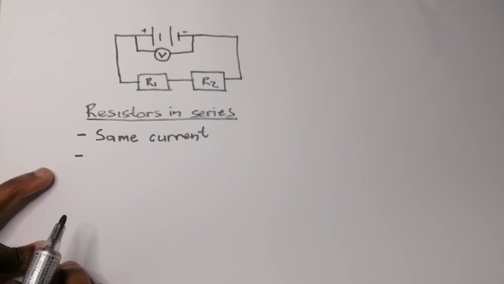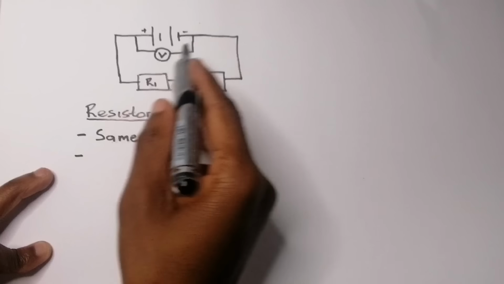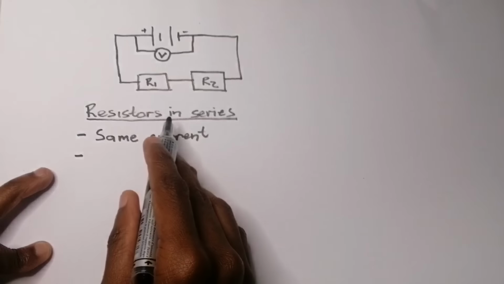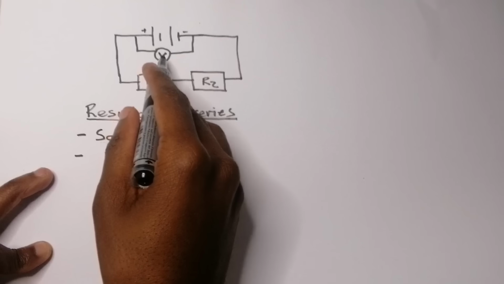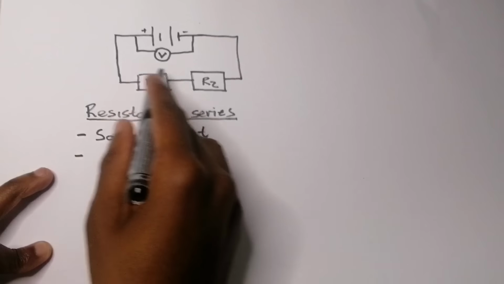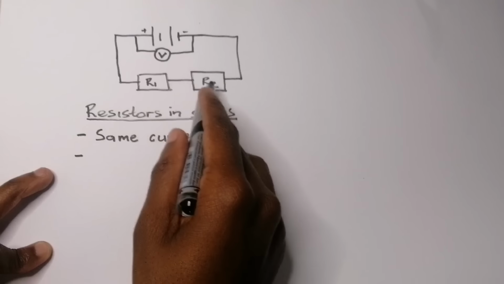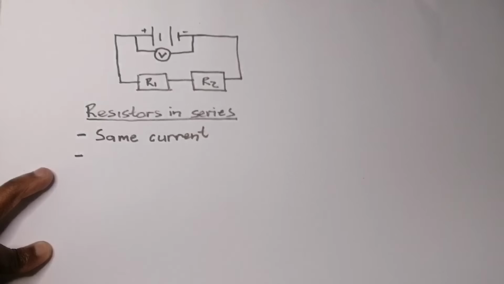So if I've got, let's say, 12 volts, it means that the potential across this resistor plus the potential across this resistor should give me 12 volts.